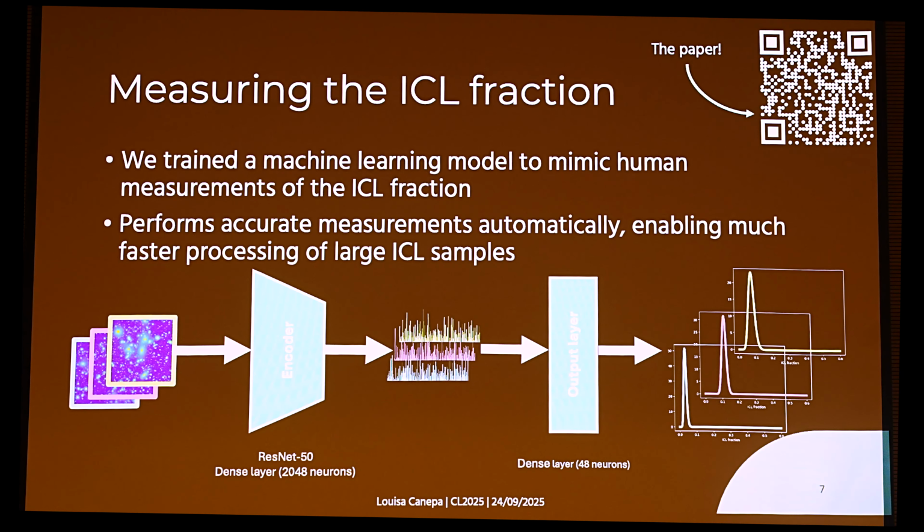I'm not going to go into more detail here, but if you are interested, there is the QR code for the paper there, or you can just ask me about it. I could talk about it for a very long time. But this model is able to perform accurate measurements of the ICL fraction automatically, which allows us to process large ICL samples much more quickly than we were able to before.